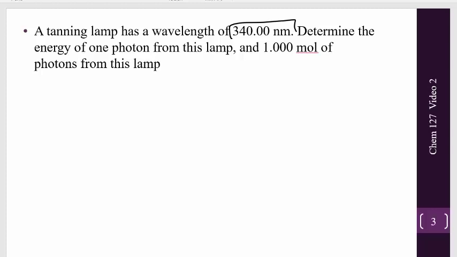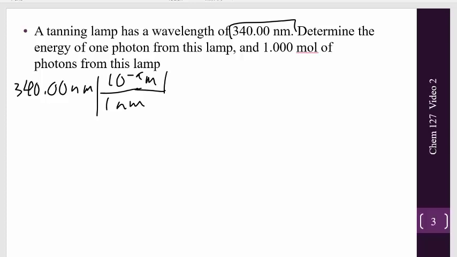Whenever we're talking about wavelength, we need to have the units in meters, so we can first convert this into meters. Times 10 to the negative 7th meters.